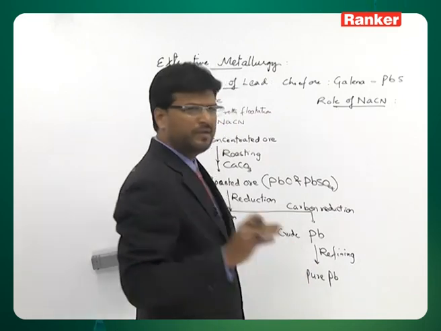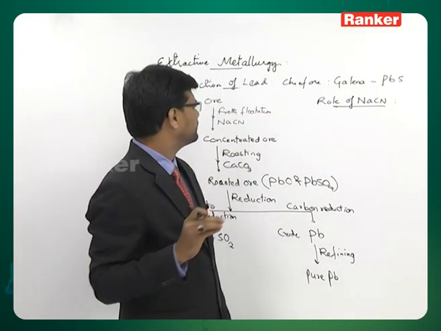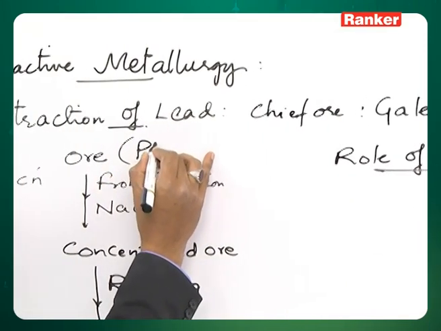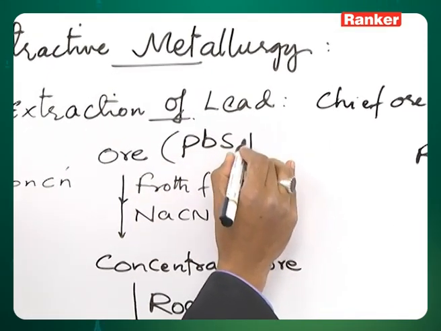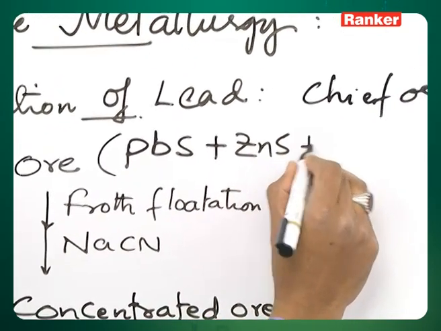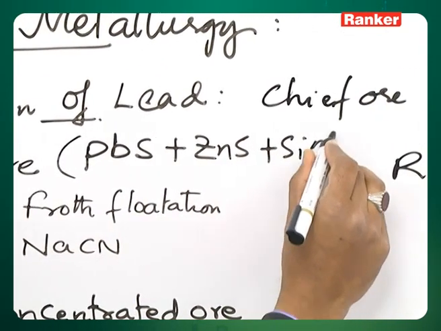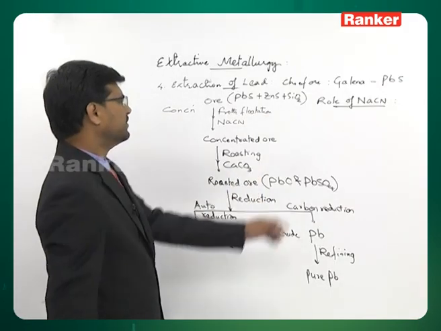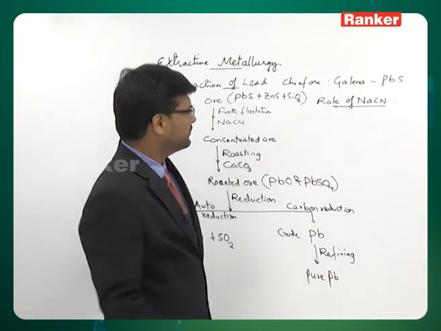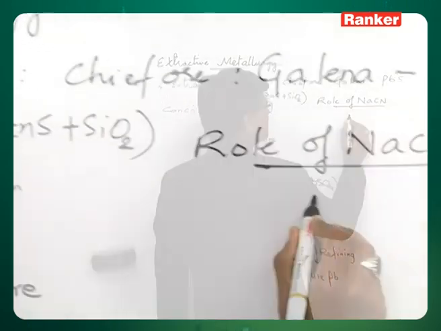See, PbS is always associated with ZnS impurity. You will have PbS, ZnS, of course you will have SiO2. So these are the substances present in the ore. Now you will understand the role of NaCN.